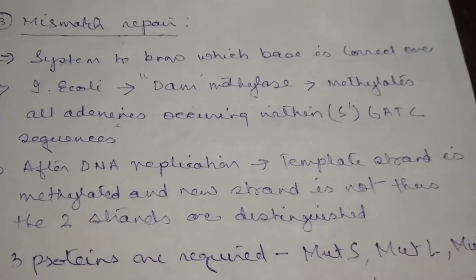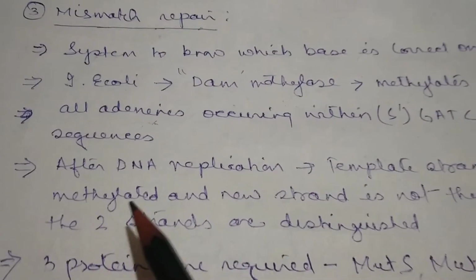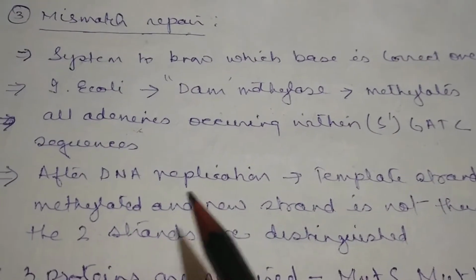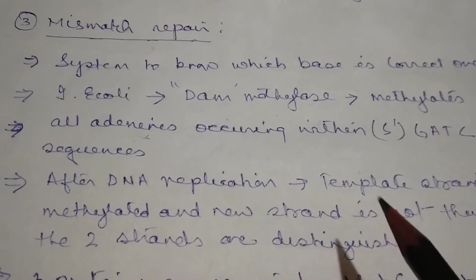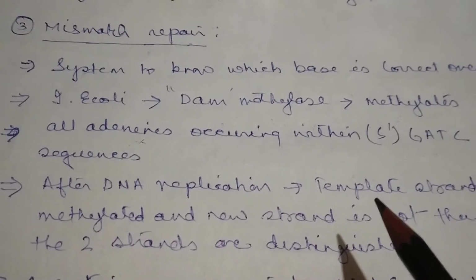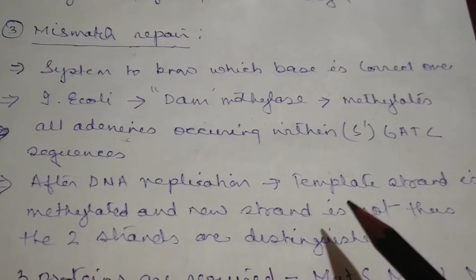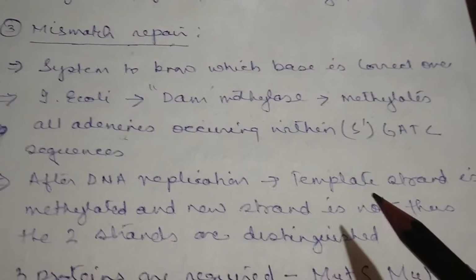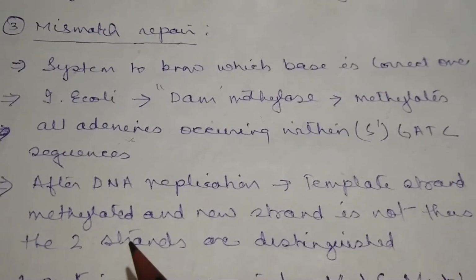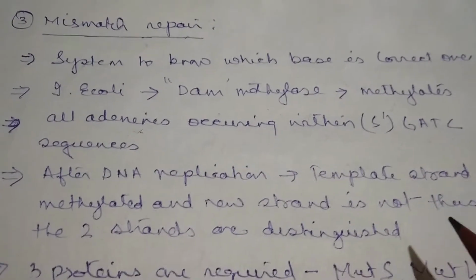So how does it do that? Just immediately after DNA replication, the template strand, meaning the strand which is to be copied into the new strand, is methylated and the new strand is not.